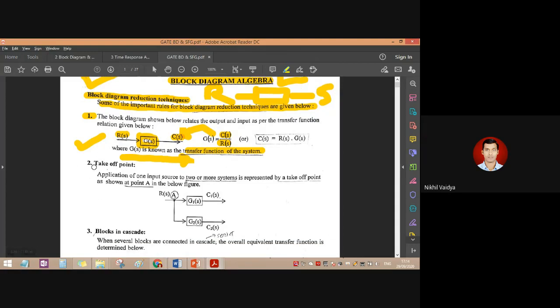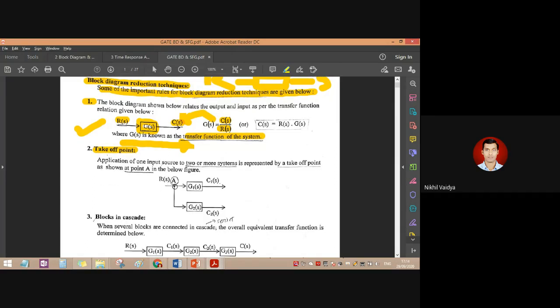Next, takeoff point. Now, what is the meaning of a takeoff point? A takeoff point is the point where two blocks are connected together. When two blocks are connected together at one point, that is called a takeoff point.